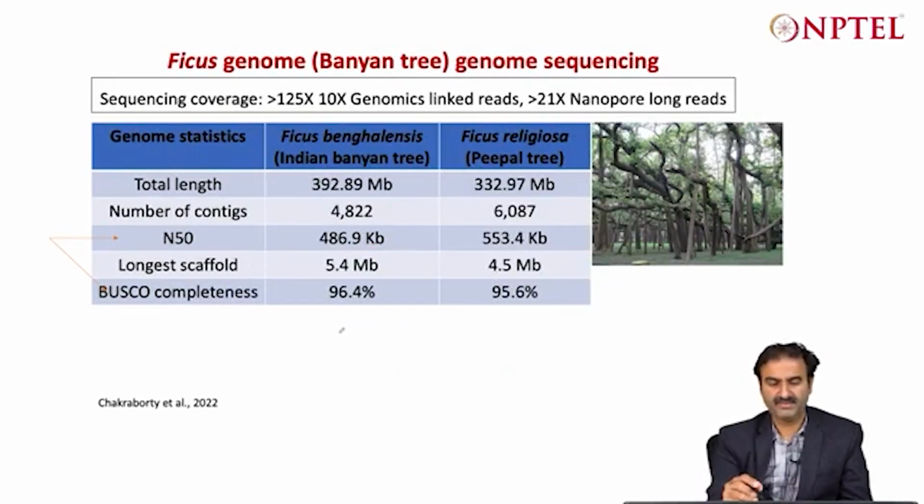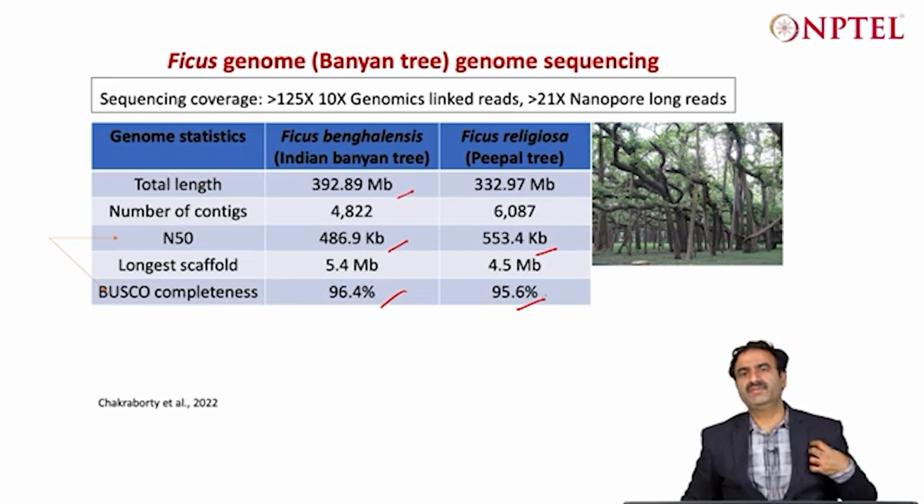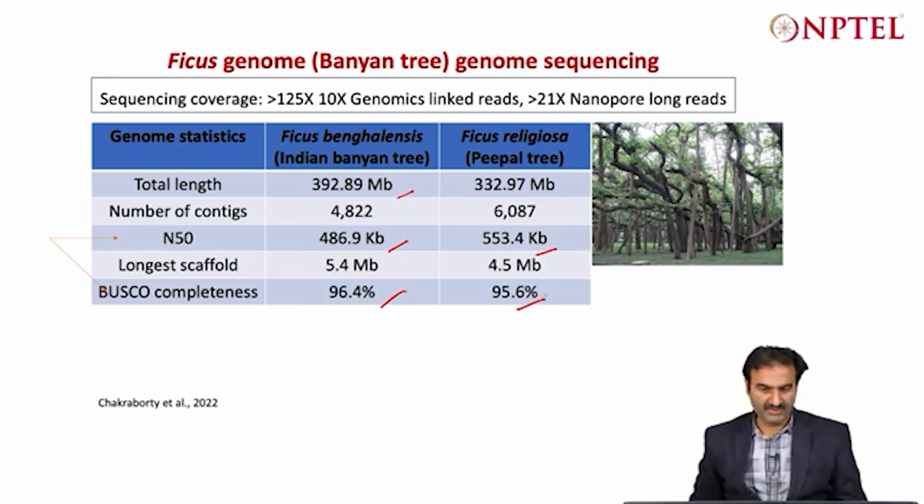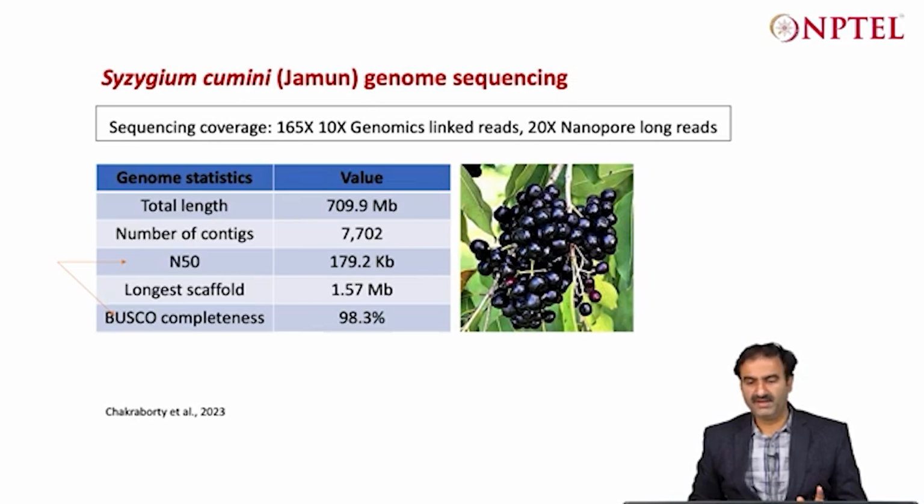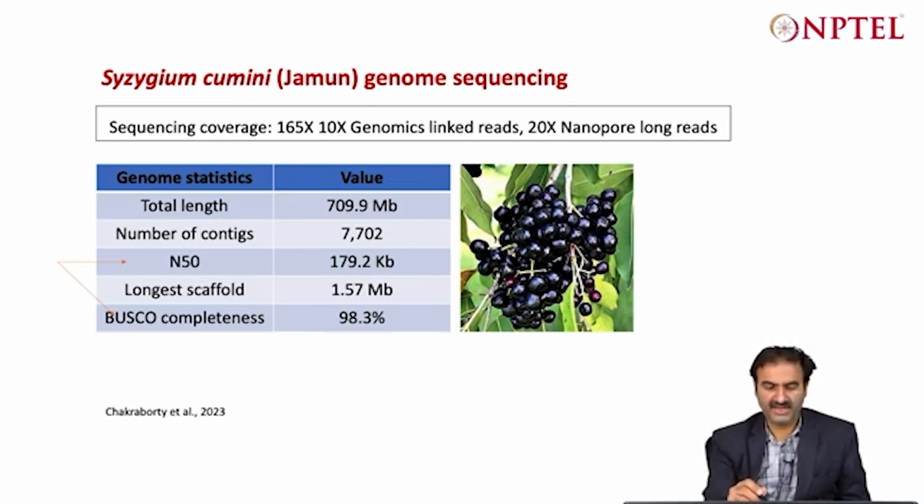Banyan tree, it was a small genome, 300 MB, like that, both the banyan tree and peepal tree. 500 KB N50 they could get, and BUSCO score was good, above 95%. That means most of the single copy orthologs they could map to or find in the genome. In case of jamun, the N50 was 179 KB, but BUSCO was 98%.